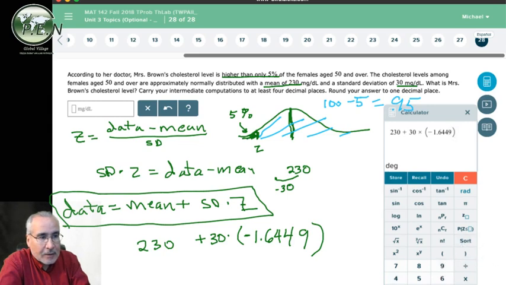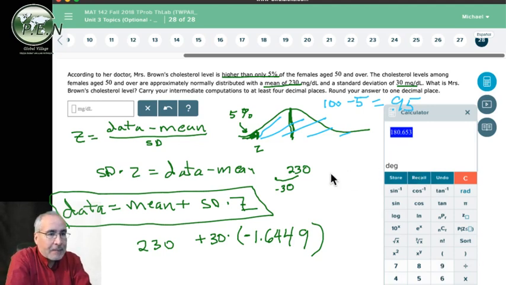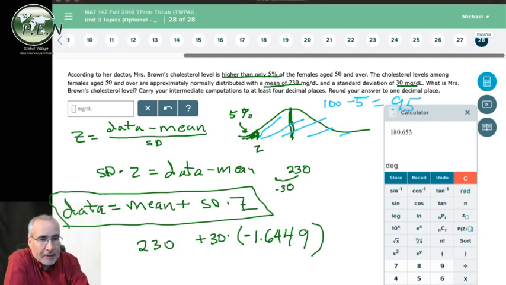Close the parentheses, hit the equals, about 180. Notice it is below the mean, so it feels like it's got to be in the right ballpark. 180, and they want 1 decimal place, so 6 gets rounded up to 7, 180.7.